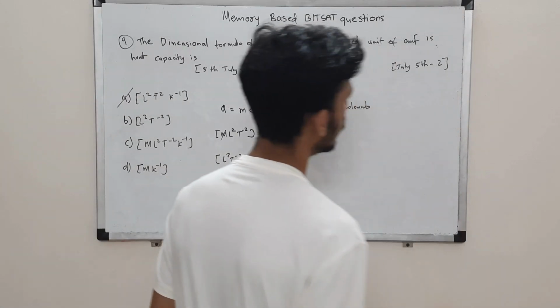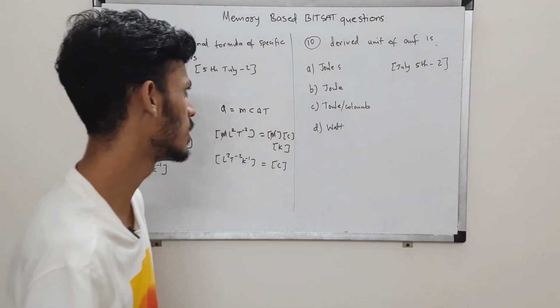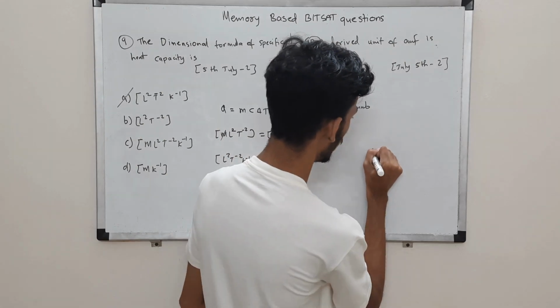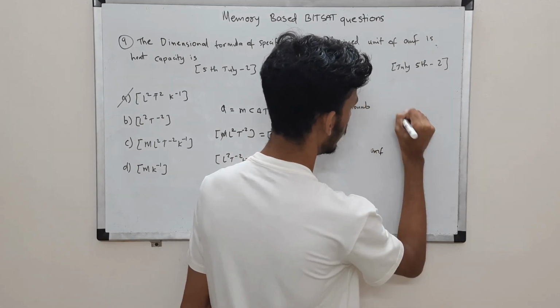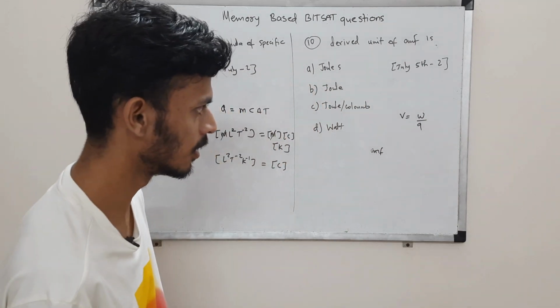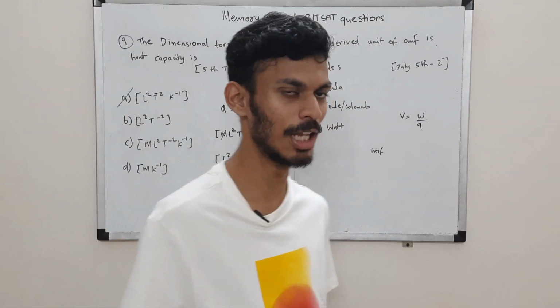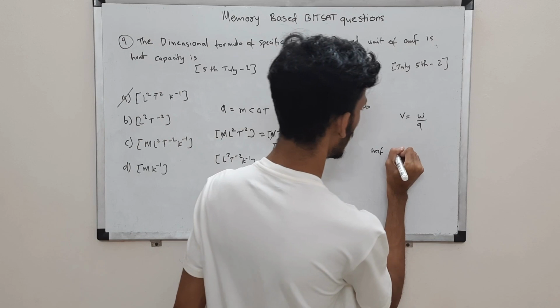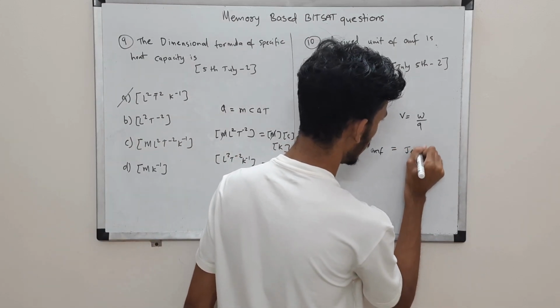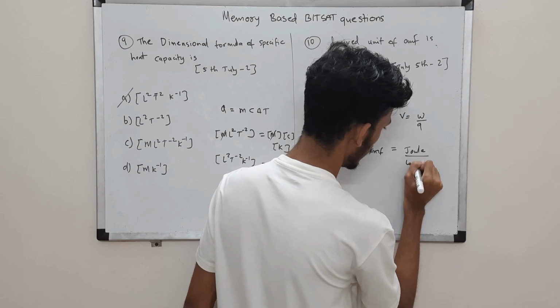Let's come to the next one. Here we need the derived unit for EMF. Is it joule second, joule per coulomb, or watt? It's very simple. EMF, basically voltage, you can write as work per unit charge. You'll know that definition. So EMF is work per unit charge. Work is measured in joule and charge is measured in coulomb.